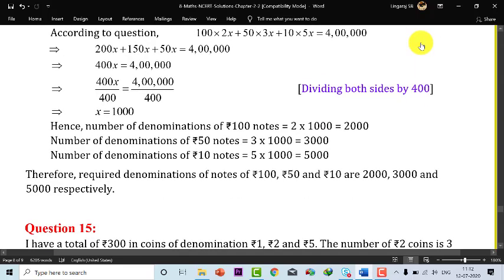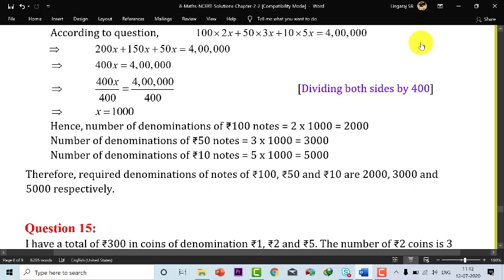Hence the number of denominations of 100 notes is equal to 2 into 1000, because they gave the ratio 2:3:5. So take the first as 2. 2 into 1000 is 2000, and the number of 50 notes is 3 into 1000, which is 3000, and the number of 10 notes is 5 into 1000, which is 5000.